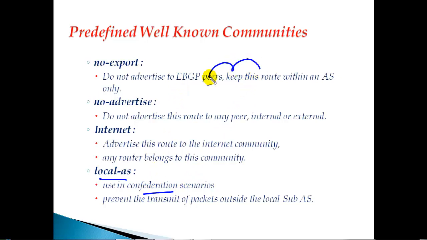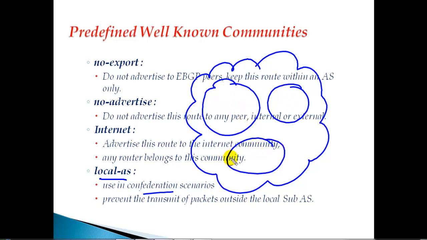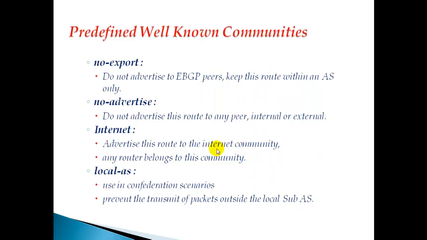BGP confederation is the method of splitting a big autonomous system number into small autonomous systems. We call them sub-autonomous systems. Now if any router receives an update with local AS, it will advertise to all the routers within the sub-autonomous system number, but it will not advertise to any other external sub-autonomous system number, especially applicable in BGP confederations.